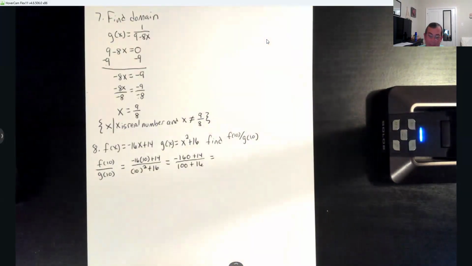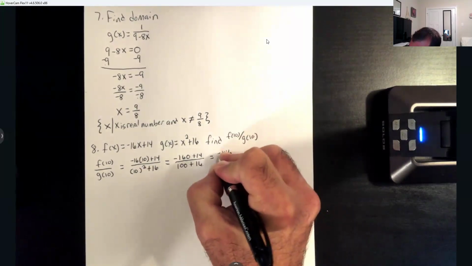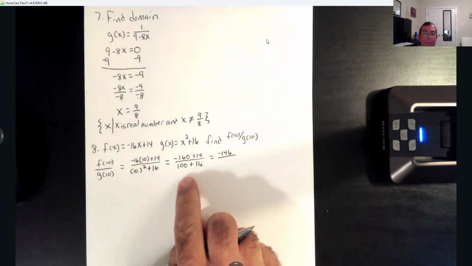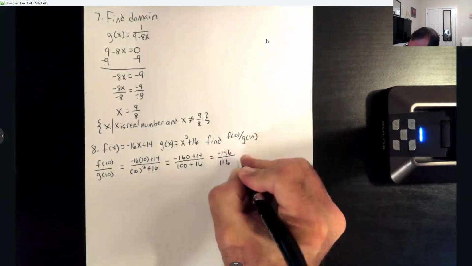All right, y'all, so at that point, we need to figure out what that negative 160 plus 14 equals. That gives me a negative 146. On the bottom, 100 plus 16 gives me 116.